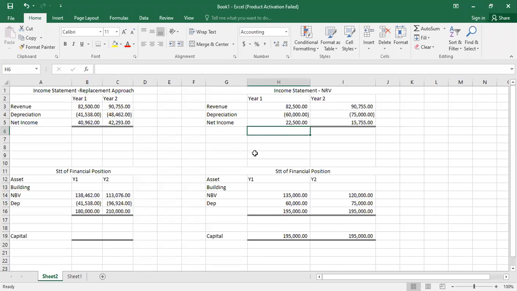How do they compare? You see, for net realizable value it is very easy. You just need to get the figure of depreciation, you net off.